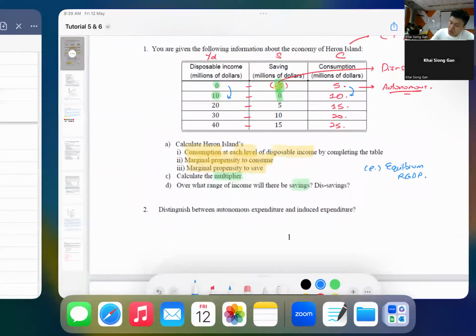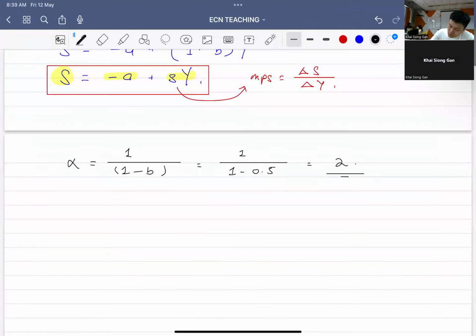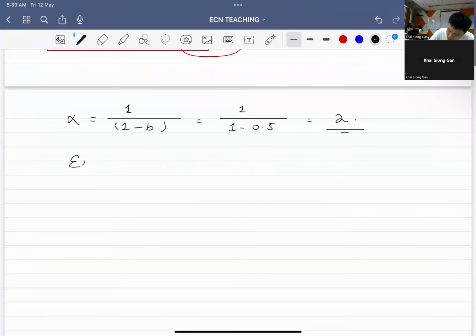When we talk about equilibrium real GDP for the question just now, or equilibrium income, remember we learned that the output approach is always equal to the expenditure approach and the income approach. So we can start from this equation first. This is the equation that you need to know for your exam as well.